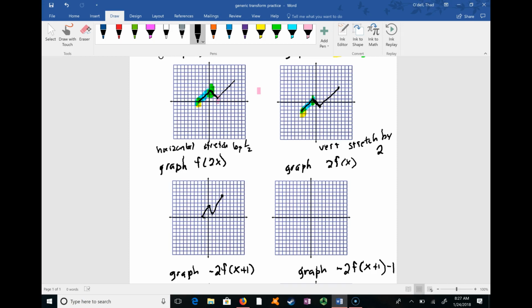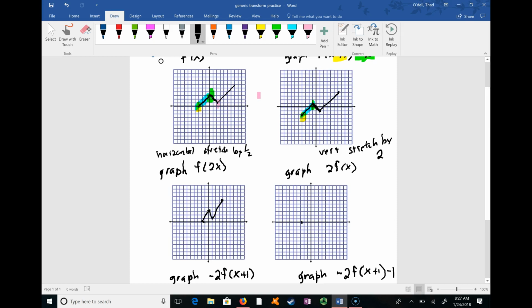And since it's a vertical stretch, we're stretching away from the x-axis. So the point that's on the x-axis is going to stay right where it's at. The point that's 3 up on the y-axis is going to go up to 6. And then if we draw that, you can see it produces a stretched out line.